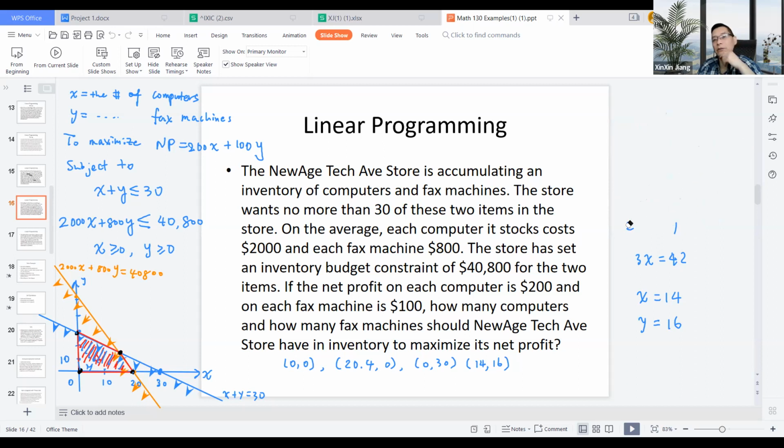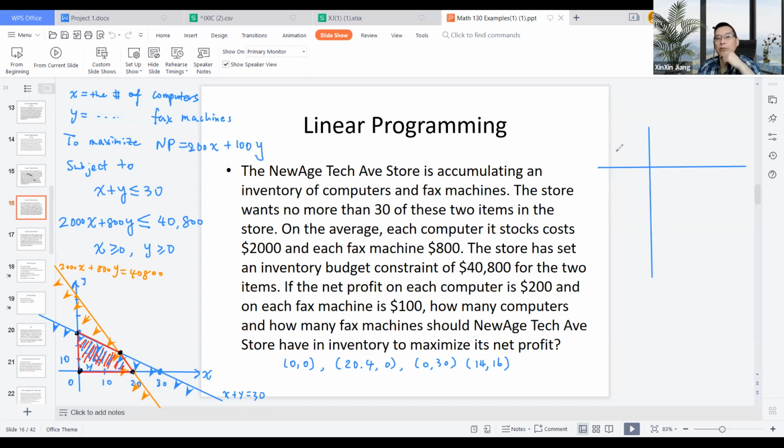Okay, so next step, a lot of steps. We're going to plug in these corner points to the objective function. We're going to make a table, very simple table.